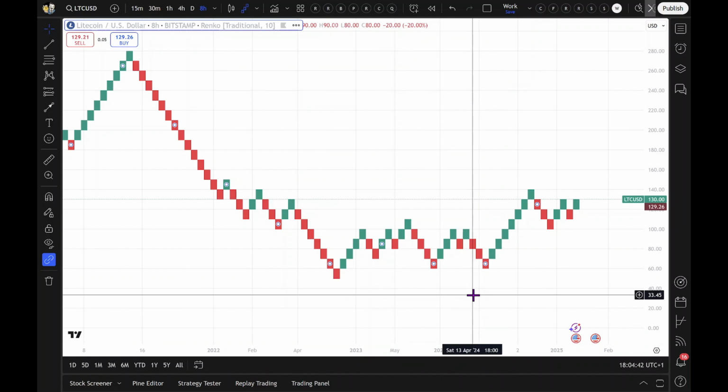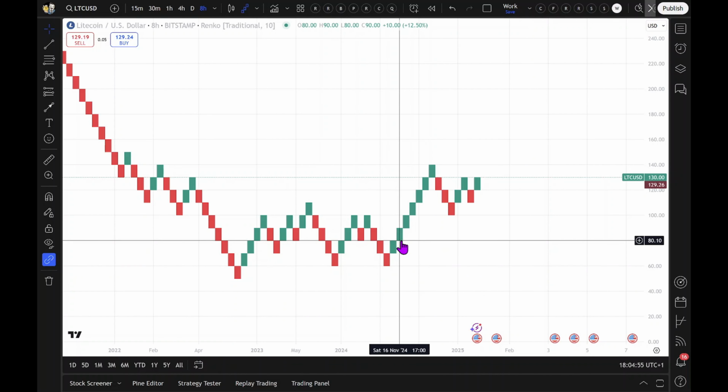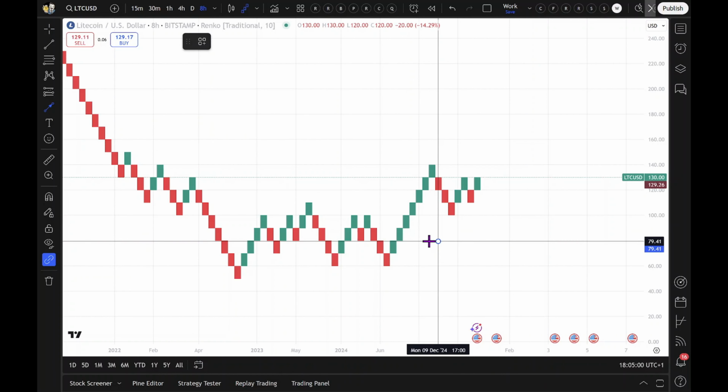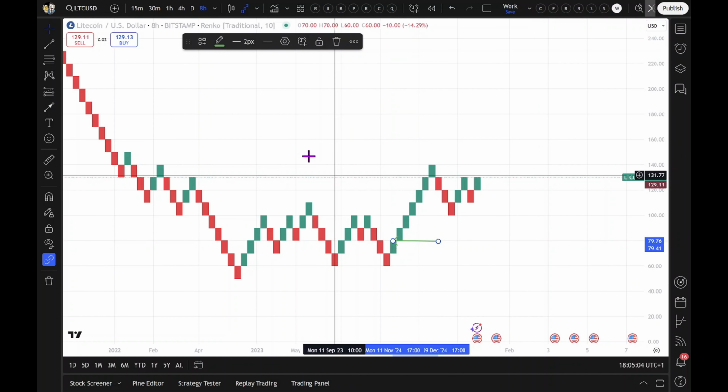And here we go. Let's now look at the signals that the Renko reversal strategy sends. For example, here we have a reversal. Indeed, we go from a red box to a green box, and the signal appears above the first green box. It's because this box is only added to the chart when the price reaches this level, so we have our long signal here.